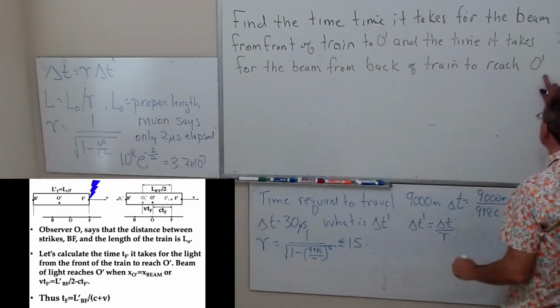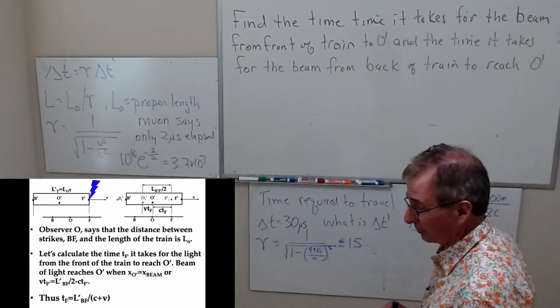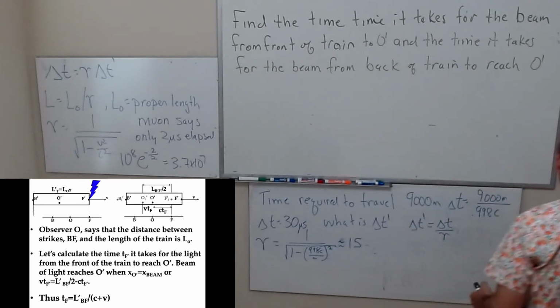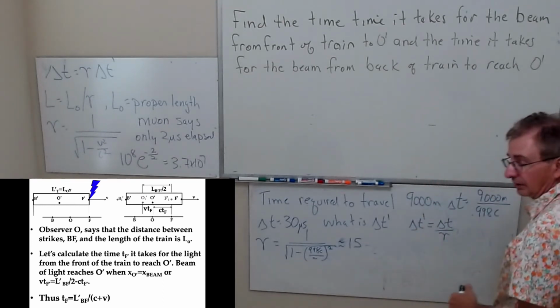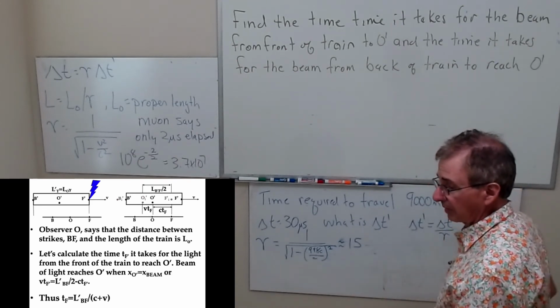The difference in those two values gives me the delay time between the two. It tells me how much the clocks are unsynchronized. The clocks in our frame are synchronized, but what about the other person's frame?